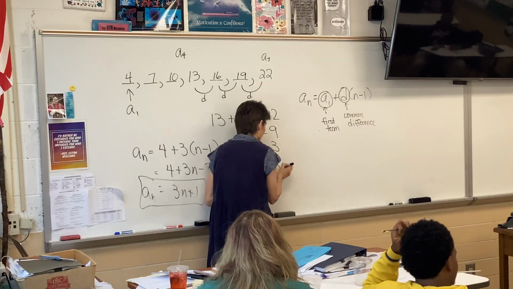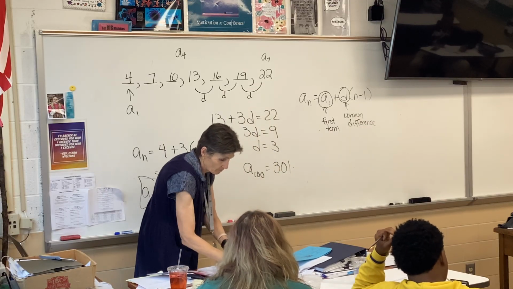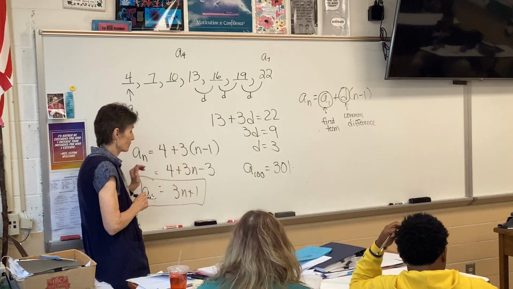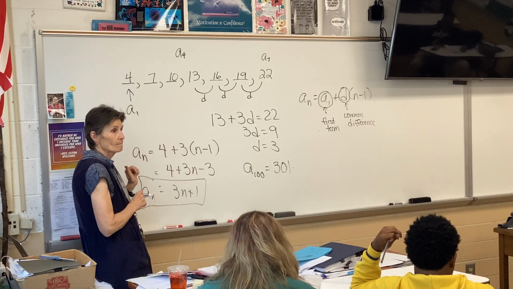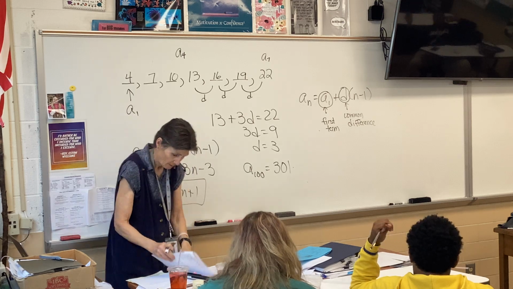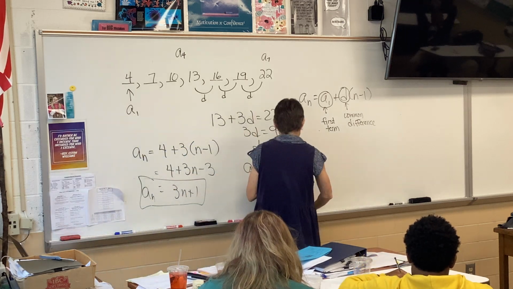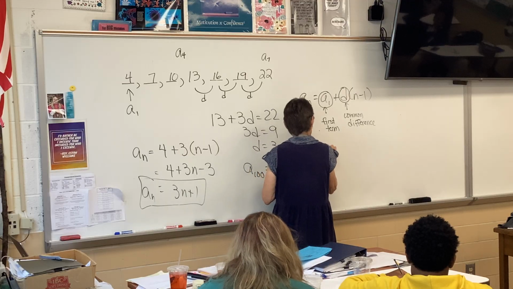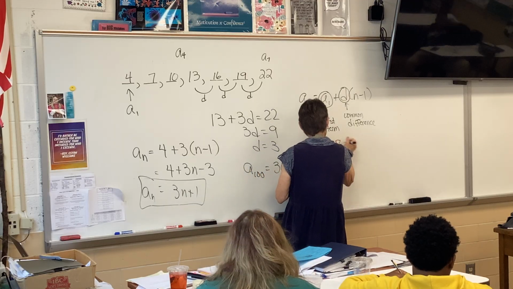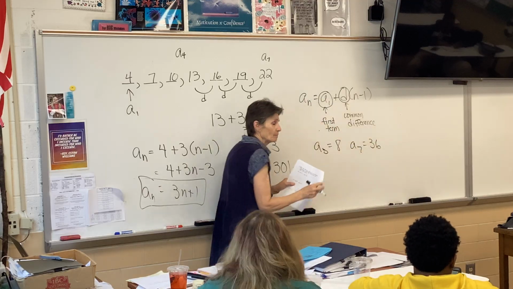Absolutely. And that wasn't so bad. It looks scary. All right, let's look at B. A sub 3 is 8, and A sub 7 is 36.